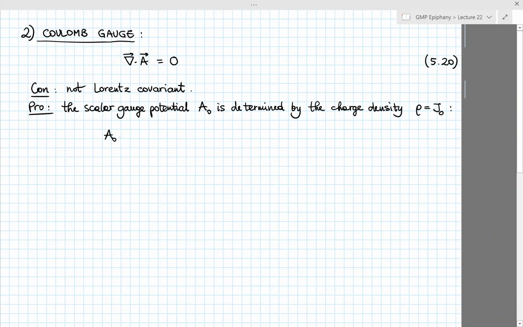So A naught, which is a function of x and t, is determined essentially as in electrostatics by the following integral: d3 x prime of rho, the charge density at x prime and t, over the distance of x minus x prime.